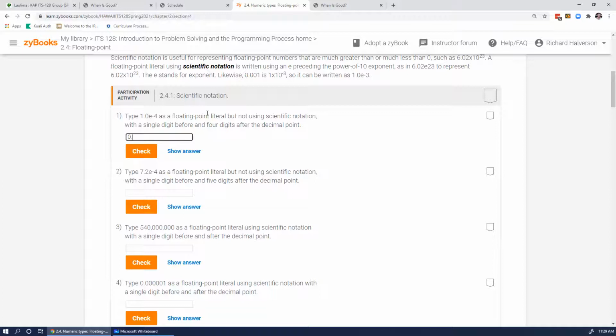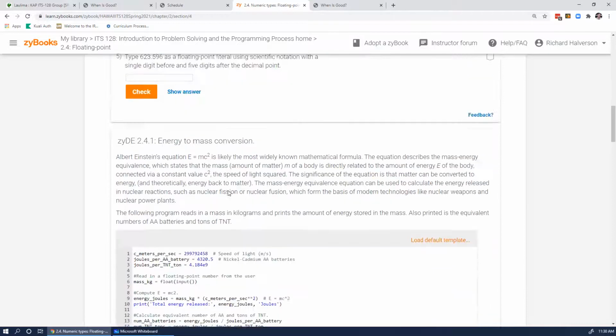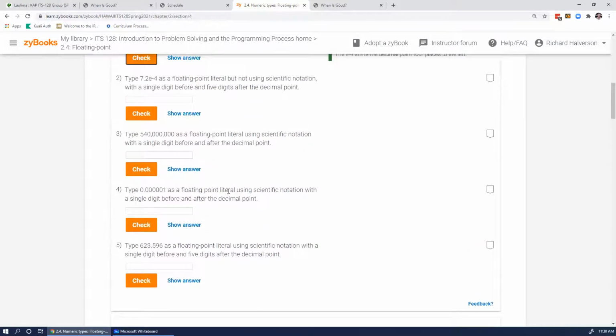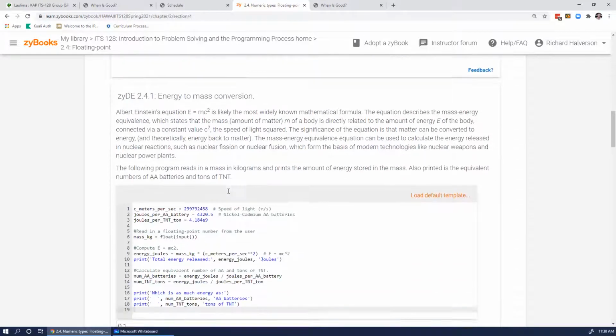Is it 1, 2, 3, 4? That's what this is. Yes. And that's because in programming, we can represent some pretty big numbers and pretty small numbers, depending on what you're doing.